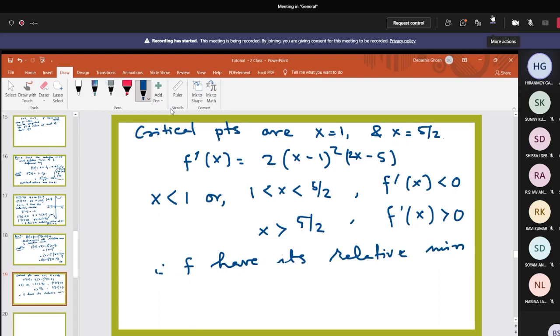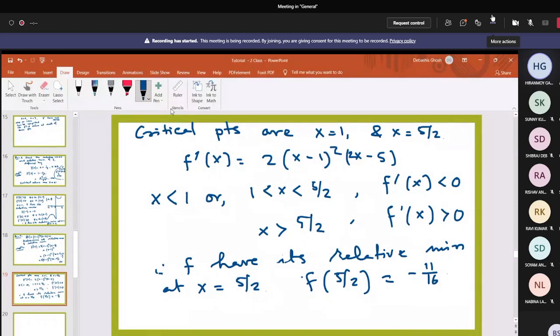So therefore relative minimum at x equals 5 by 2, and that we can compute, that is f of 5 by 2 equals something like minus 11 by 6. Just putting the values there. So here you don't have the relative maximum, because the function does not look like that.